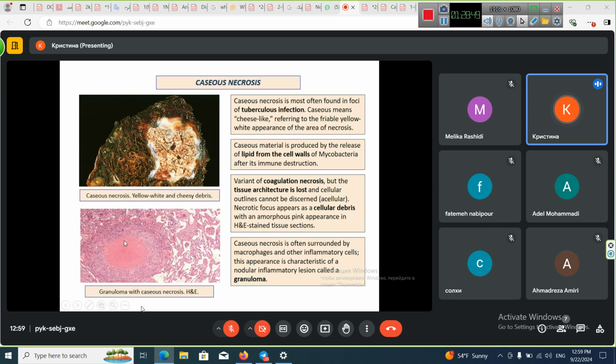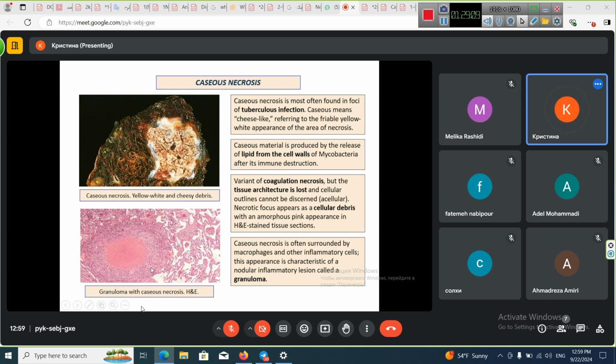It contains the area containing dead cells, the necrotic area, where no cell nuclei are seen, and the area of surrounding inflammatory cells and macrophages. So here we have macrophages, neutrophils, and other inflammatory cells.